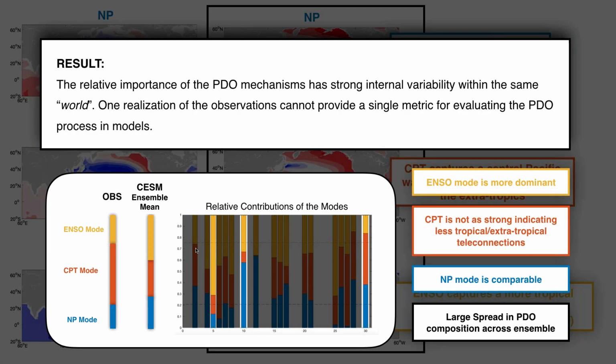So the relative importance of the PDO mechanism has strong internal variability within the same world. That means one realization of the observations cannot provide a single metric for evaluating the PDO processes in models.